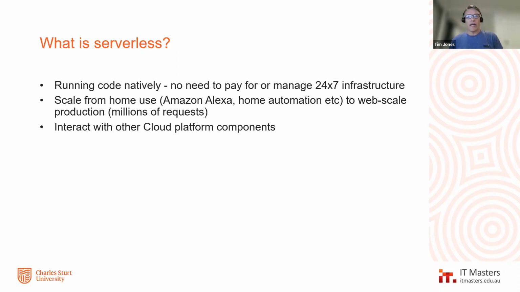And we don't need to pay for an EC2 instance or another thing within our environment to sit there and wait and listen for traffic to come in. All right, so it allows us to save a heap of money, but one of the other things it allows us to do is to scale massively. So we can scale from home use, as an example.